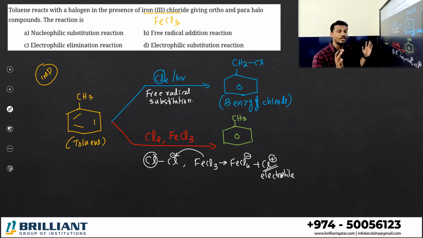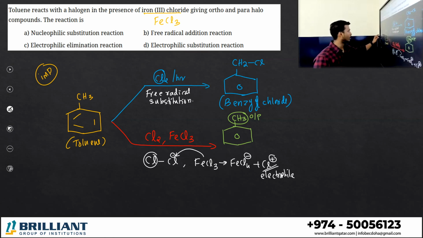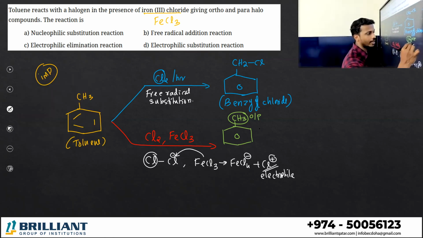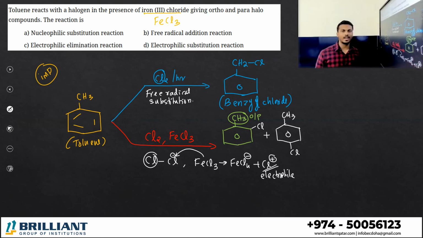And where is chlorine going to substitute? That depends on the existing group on the benzene ring. The methyl group, an alkyl group on the benzene ring, acts as an ortho-para directing group. So the chlorine can attach either at the ortho position or the para position. You will get ortho-chlorotoluene and para-chlorotoluene. So keep in mind, if you add chlorine in presence of light, it substitutes on the alkyl chain.